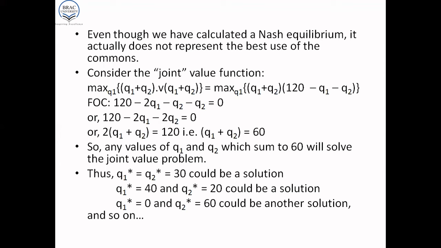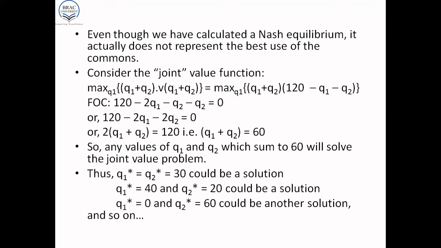Now notice, even though we have calculated a Nash equilibrium, it actually does not represent the best use of the commons. Instead of maximizing the payoff functions of each herder separately, we can look at a joint value function, or a joint payoff function.